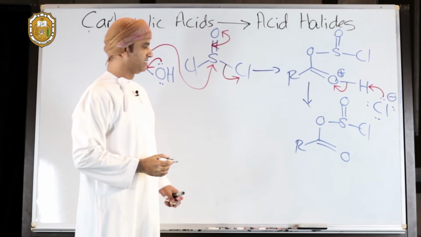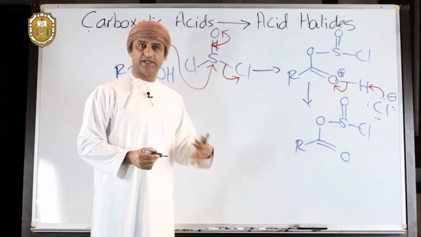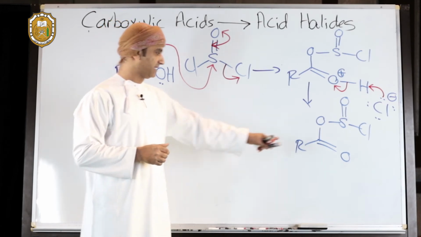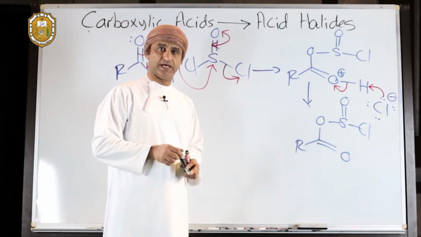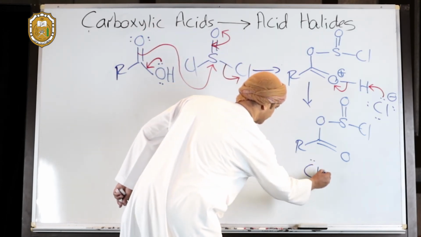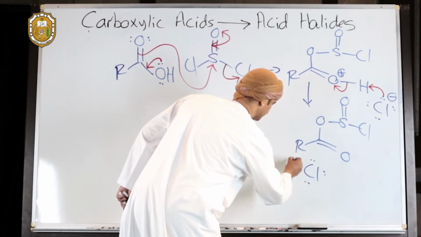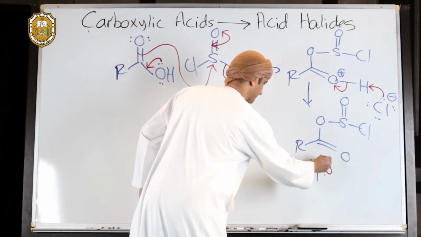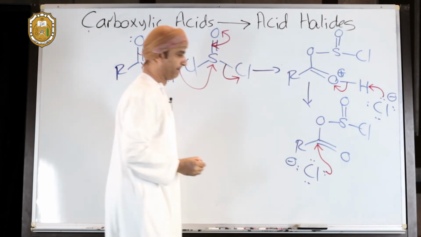This is the intermediate. We can assume then that another chloride ion comes in to attack that carbon of the carbonyl group. So we can do that. This is the chloride ion. The chloride ion comes in, attacks that carbon.